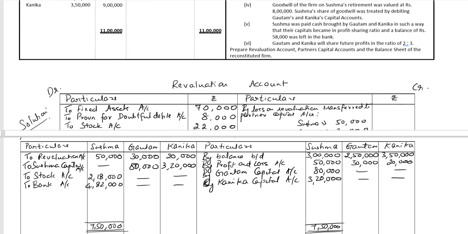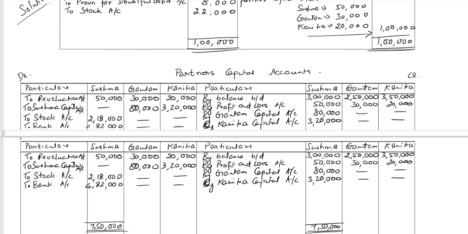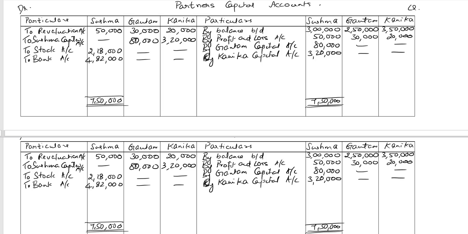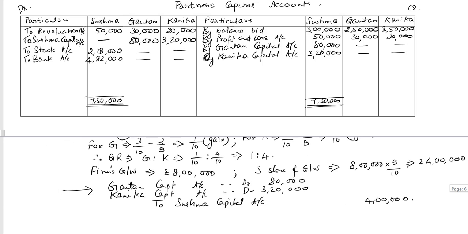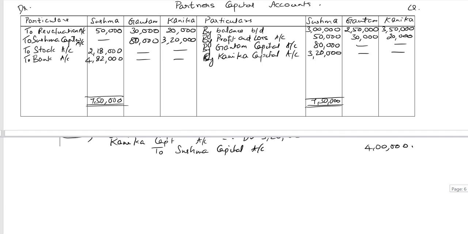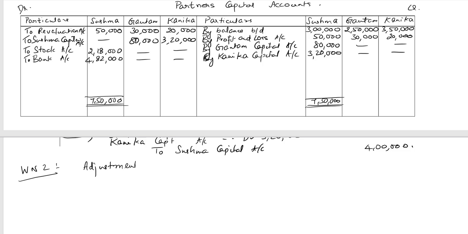Next, we'll do the adjustment of capitals. The partner's capital account is in the first half of the screen. Working note 2, adjustments of capitals.